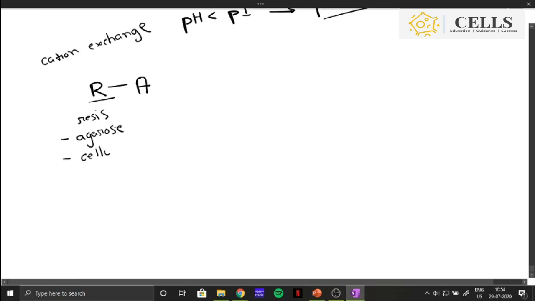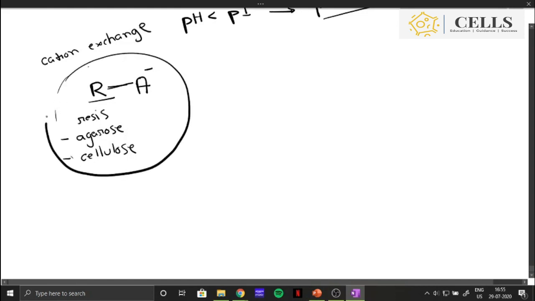It can also be cellulose, agarose or cellulose, which is mainly used. It is bound to a negatively charged compound. This forms the bead. As there is a negative charge compound, you can expect some positive charge compound to be present on the surface of the beads.